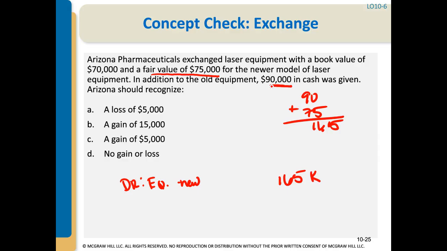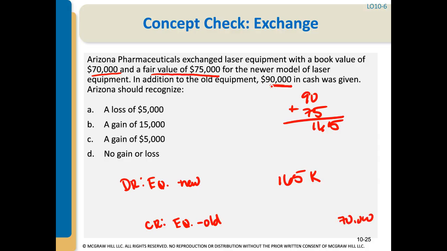Step two is remove the old equipment, the assets that you're giving up, at book value. And we're told the book value is $70,000. So in this situation, just for the sake of making it short, we're given the book value. Usually we're given the cost and the accumulated depreciation. So we're going to credit the old equipment, taking it off at $70,000.